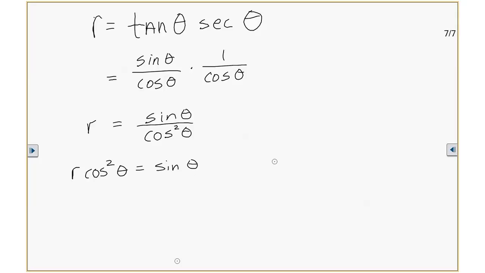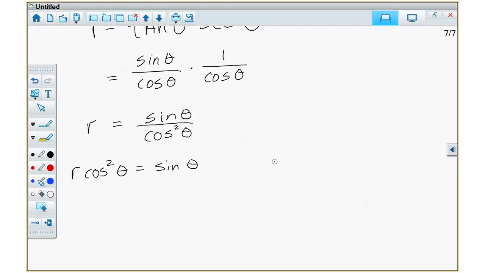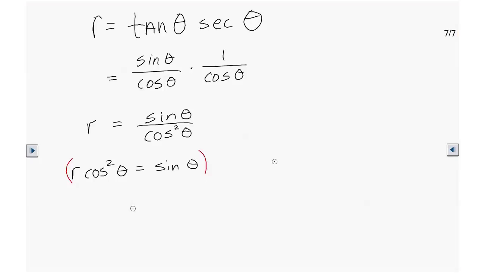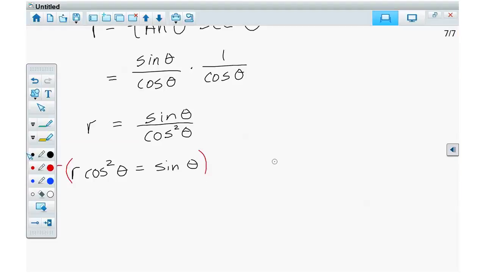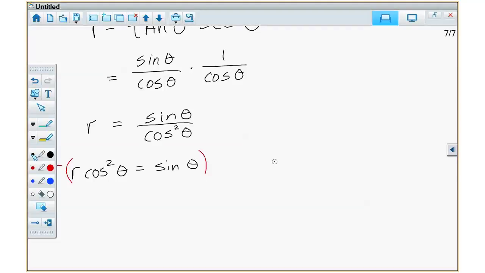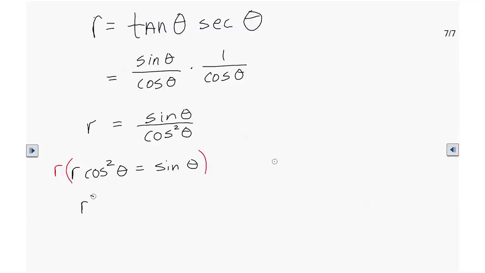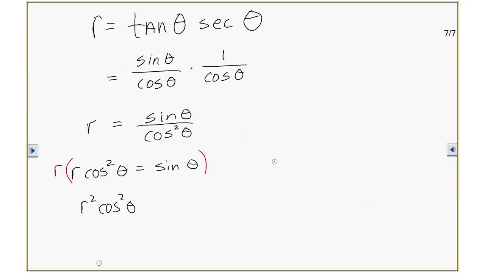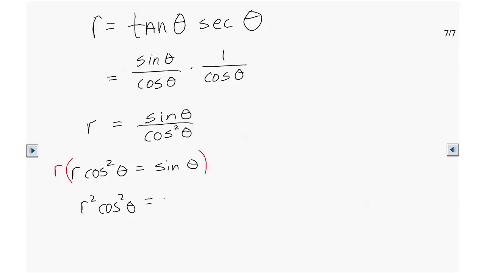Well, that's not going to help me very much, but I'm starting to see r cosine. So if I multiply by r on both sides, I might be able to get something to work. That's going to give me r squared cosine squared theta equals r sine theta.